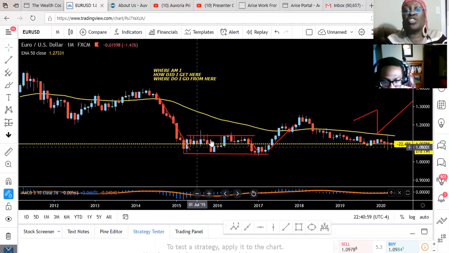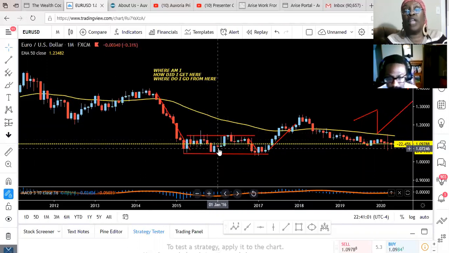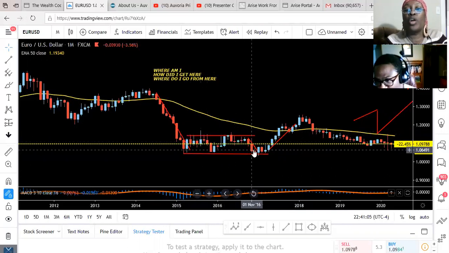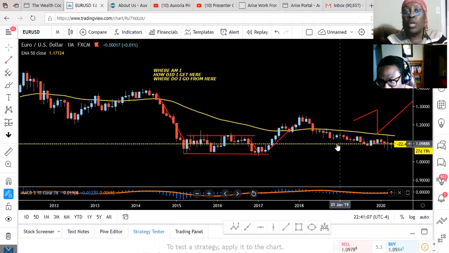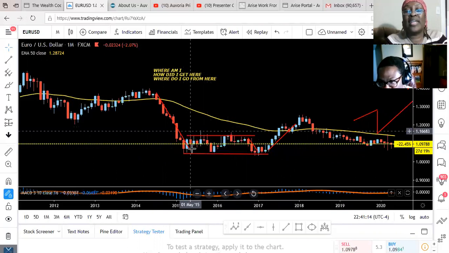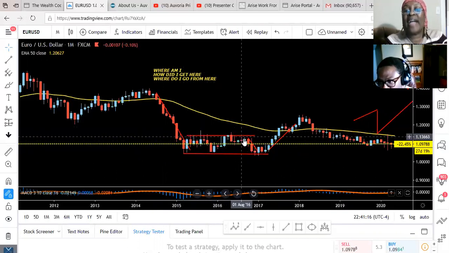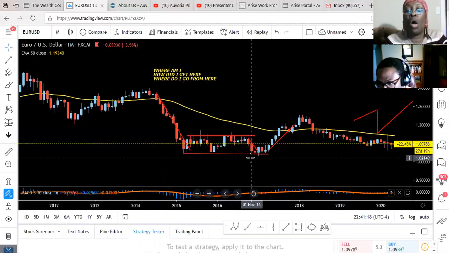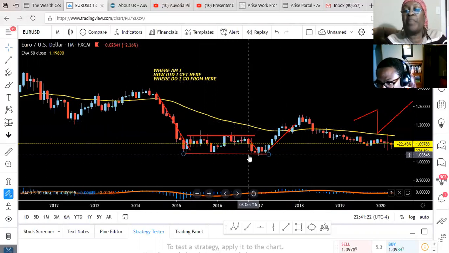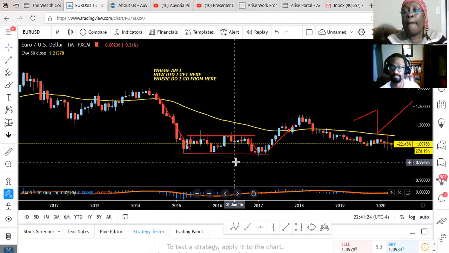This structure always exists, because now this becomes historical data that we're going to use moving forward. We can identify this area here as an area where price struggled to get out. Price reacted in this area. So when we're buying and selling, we can now use this area as a TP area where we can take profit.